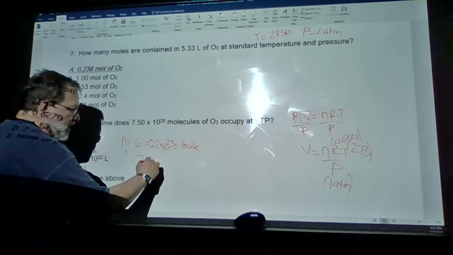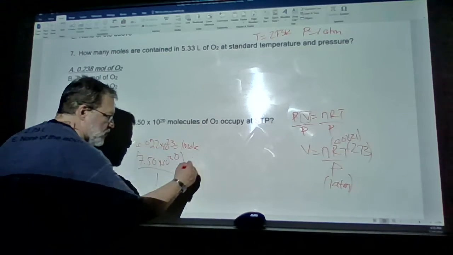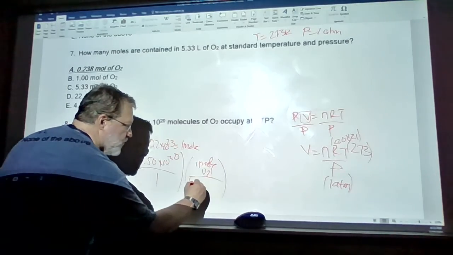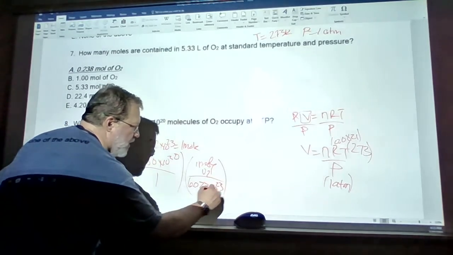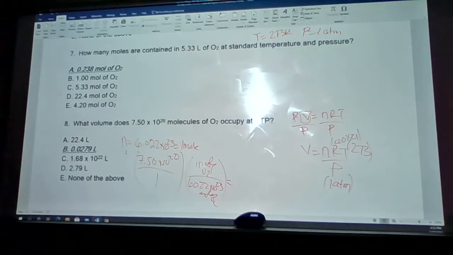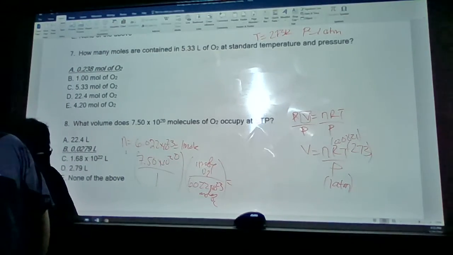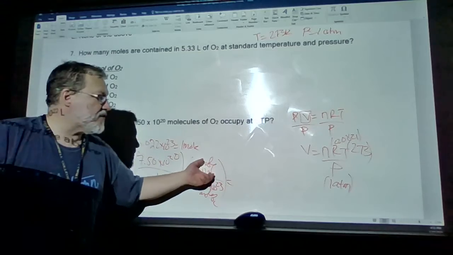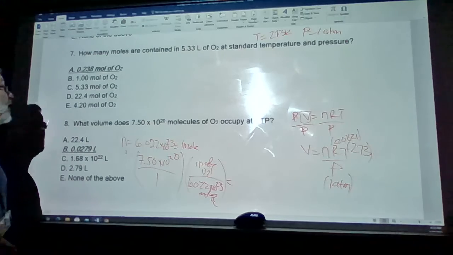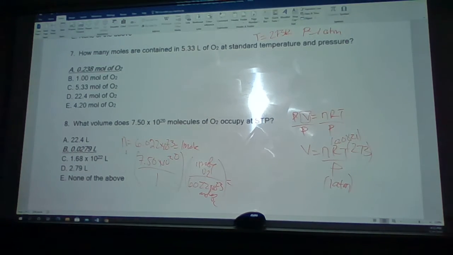So we have 7.50 times 10 to the 20th molecules O2, 1 mole O2, 6.022 times 10 to the 23rd molecules O2. Get that number of moles: 7.50 times 10 to the 20th divided by 6.022 times 10 to the 23rd. That's our number of moles. Plug that number of moles in right there. Allows you to calculate your volume. Should be B, 0.0279 liters.